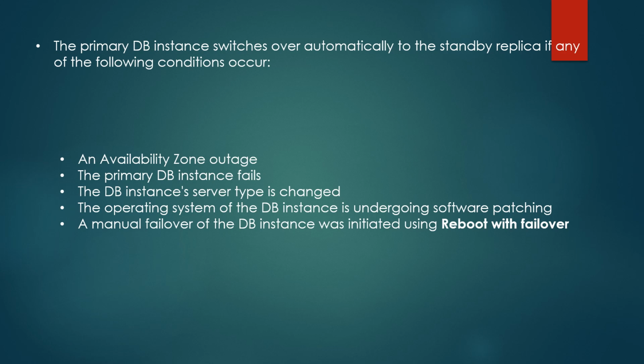Also, if the operating system of the DB instance is undergoing software patching, or a manual failover of the DB instance was initiated using reboot with failover. So these are the various scenarios where an automatic failover happens from primary to secondary.